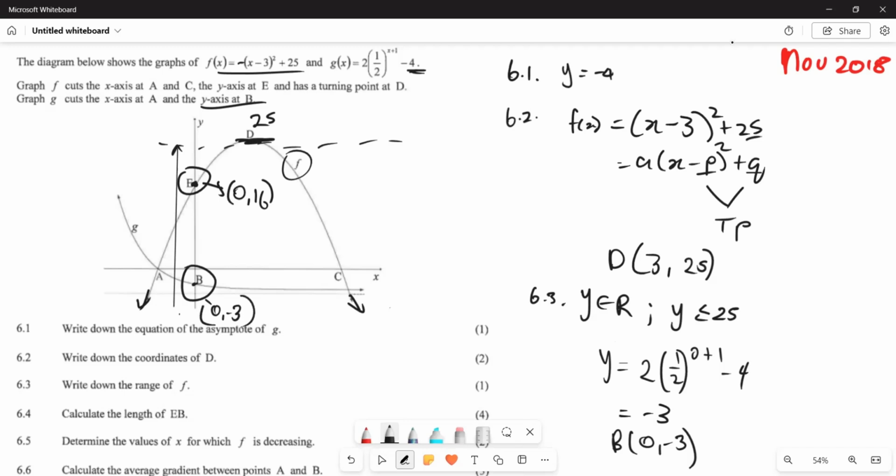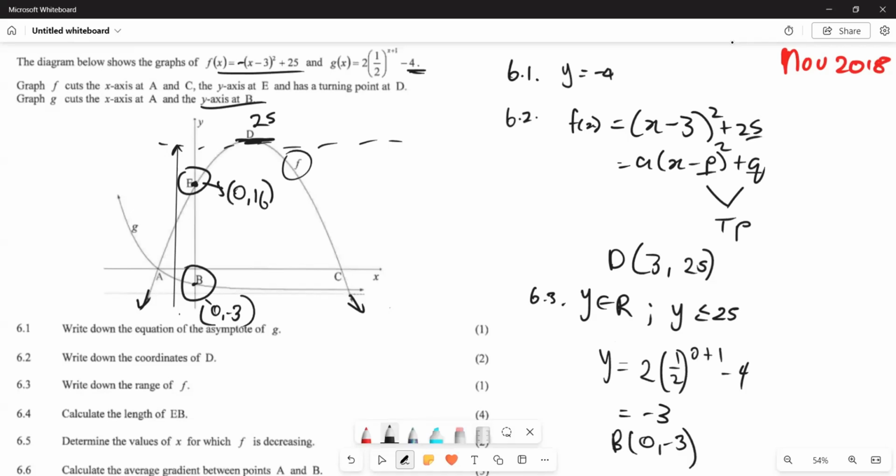Now that you know these two coordinates, what is it that you're going to do? To get the distance, remember that length is a scalar quantity, so you're just going to add both of these.